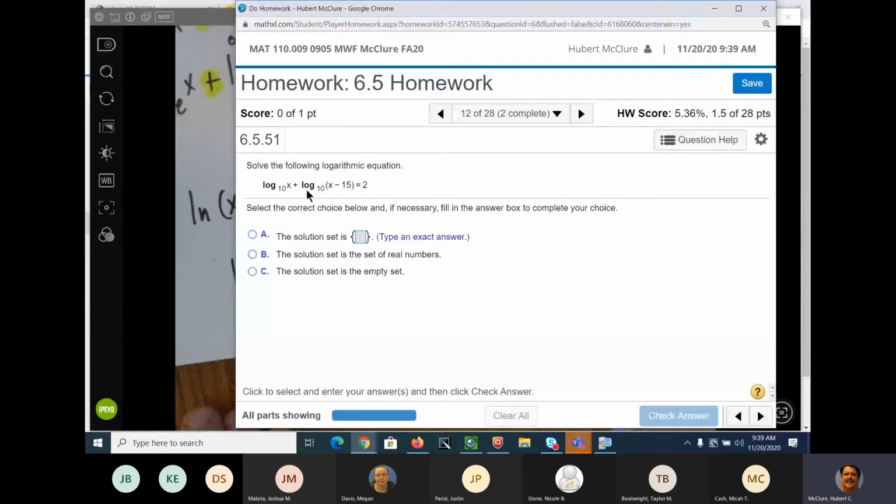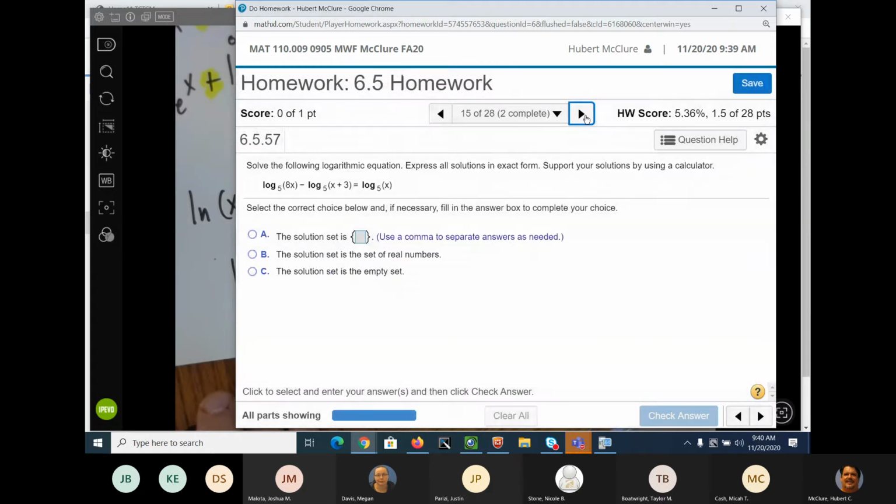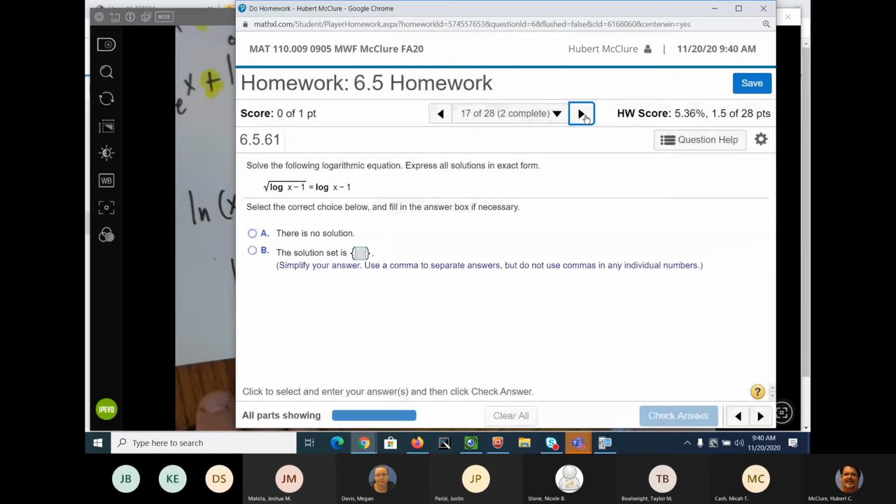Okay, that's another product rule. I'm trying to find the one where you have to take the log of both sides, and I haven't found it yet. That one you square both sides.